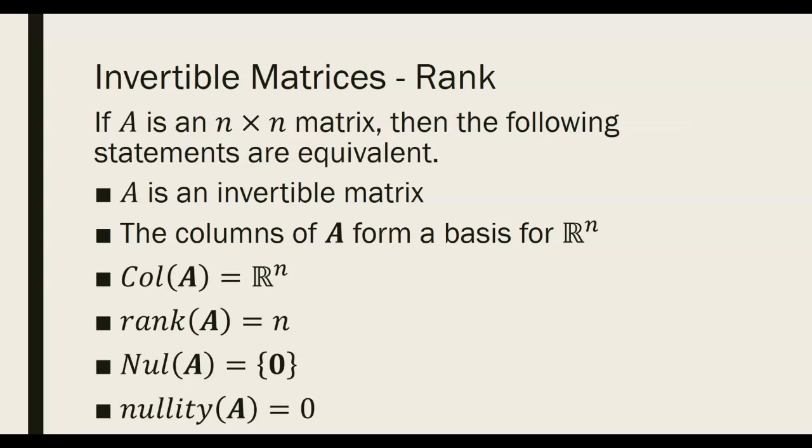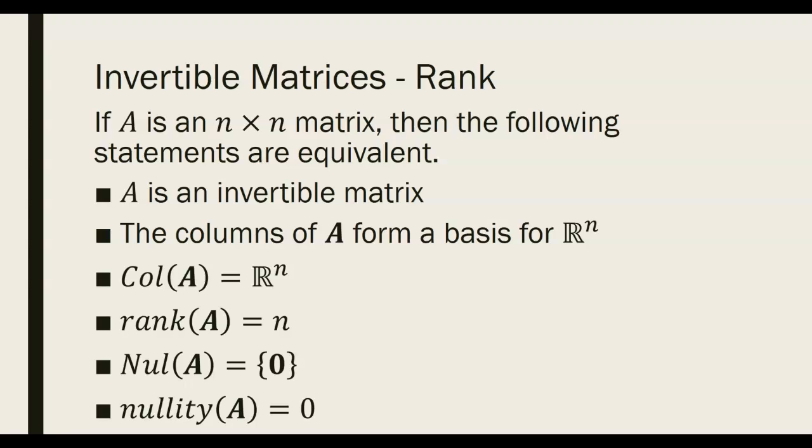First, A is an invertible matrix. The second statement is that the columns of A form a basis for Rn. The third is that the column space of A is, in fact, Rn. The fourth statement is that the rank of A is n.